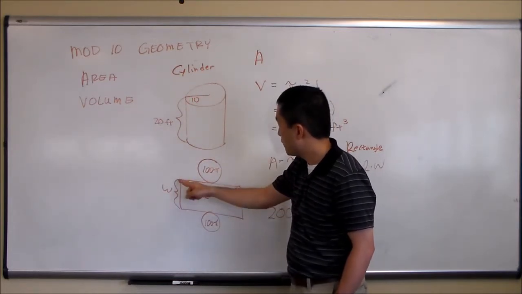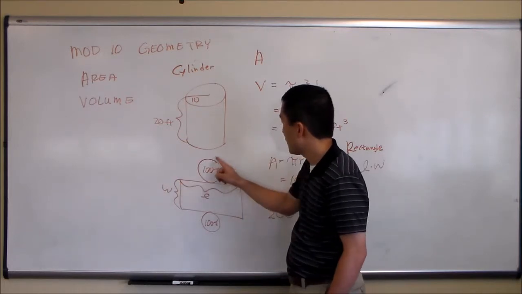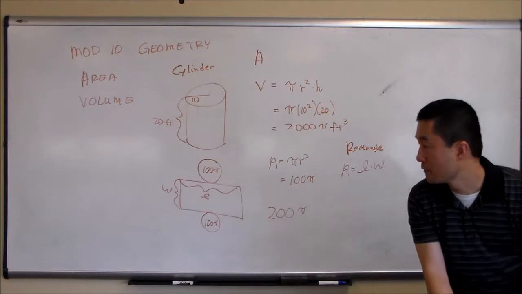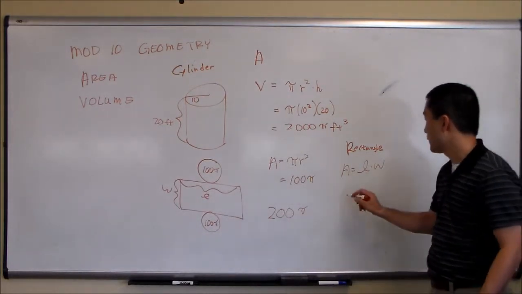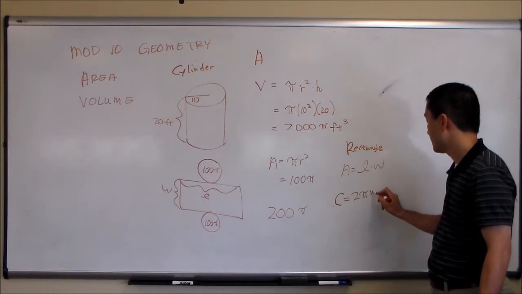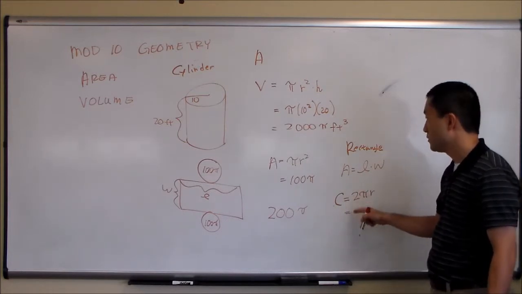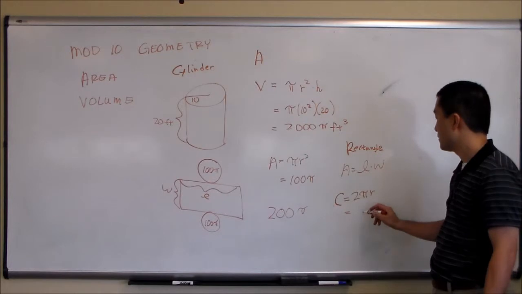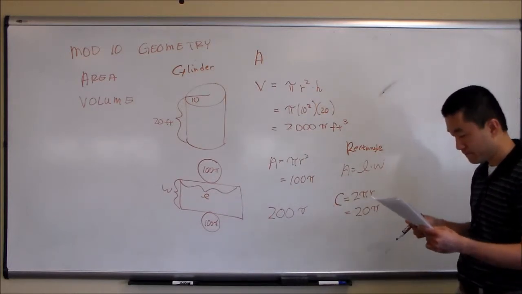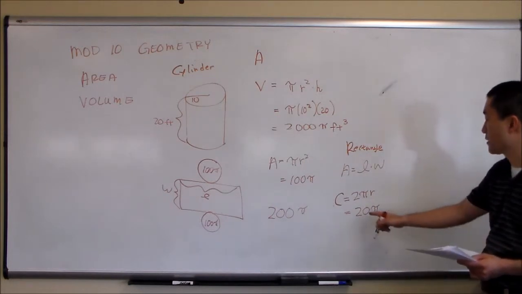So I need to figure out this length by figuring the circumference of this circle. Okay. The circumference of the circle is 2 pi r, so 2 times pi times 10, 20 pi. Okay, so that's the circumference.